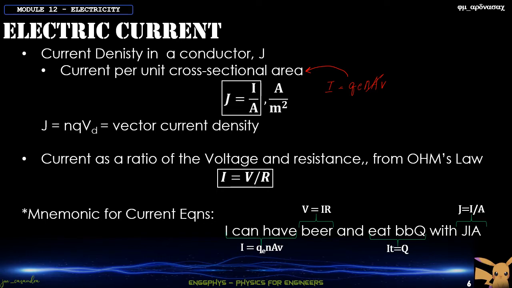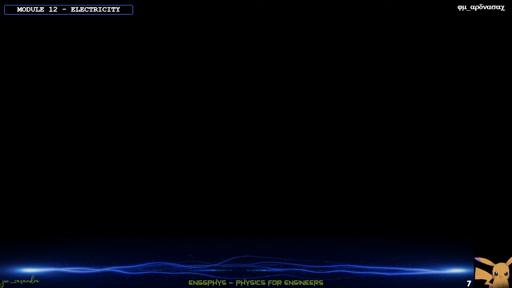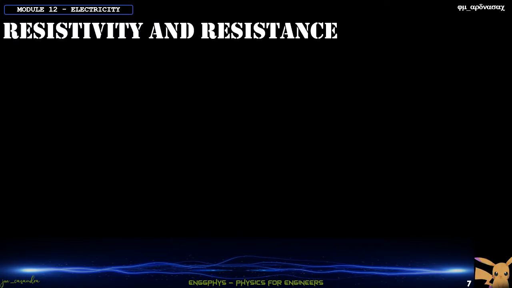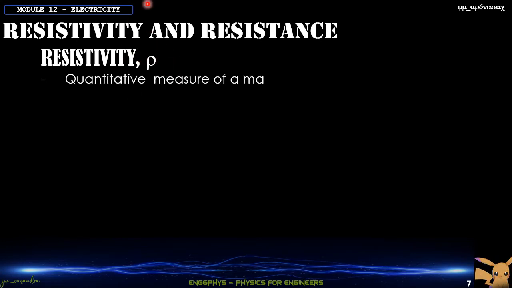So next, another concept that we need to learn or understand under electricity is resistivity and resistance. So when we talk about resistivity, or rho, we define this as the quantitative measure of your material's opposition to the flow of current. So how much it resists the flow of your charges.